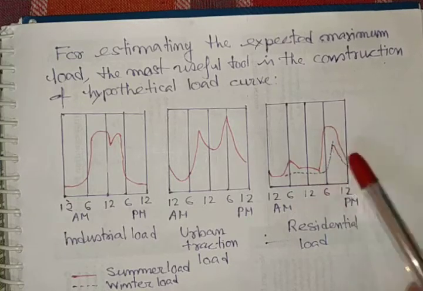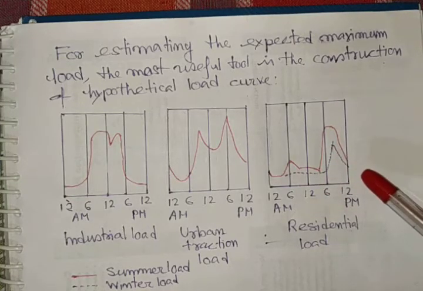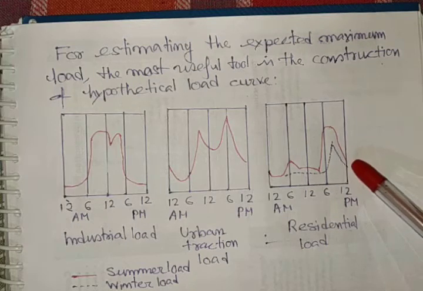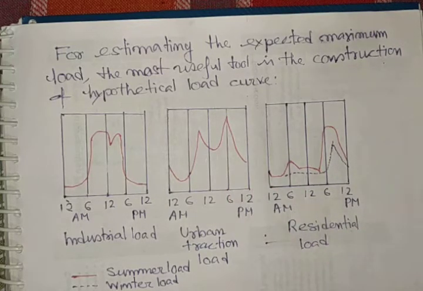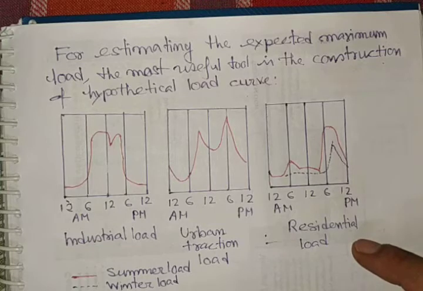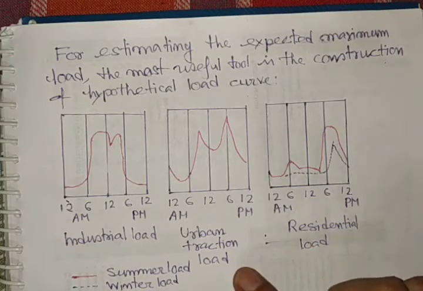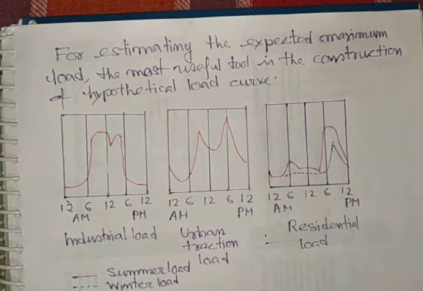In winter, consumption of current will be less. So this is the typical hypothetical load curve. This may not be applicable to each and every residential household or urban traction load or any industrial load. So this is one of the examples.